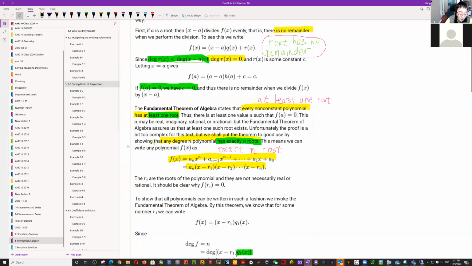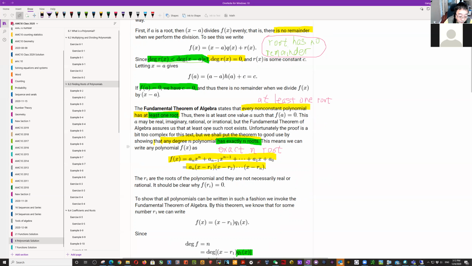If you keep applying until it becomes a constant, this implies any n-degree polynomial has exactly n roots. Those roots could be integer roots, imaginary roots, or radical roots, and they also could be repeating roots, like a double root or triple root, repeating at the same number.